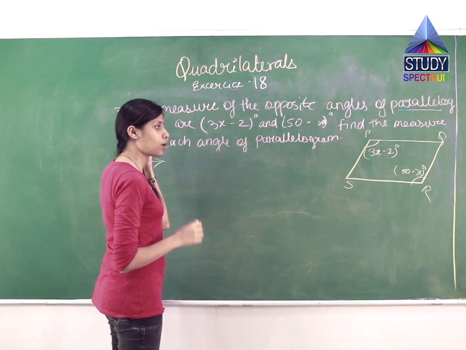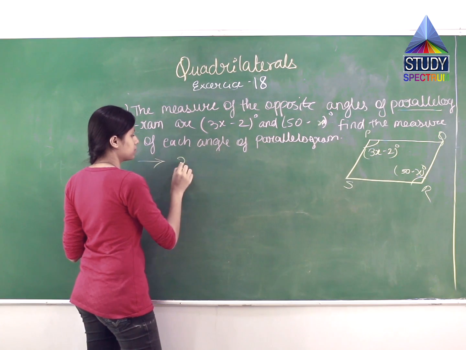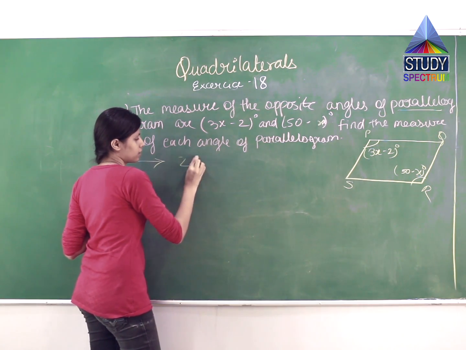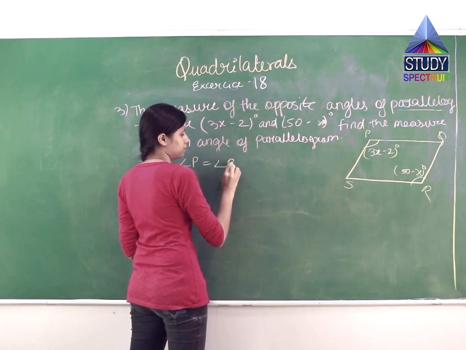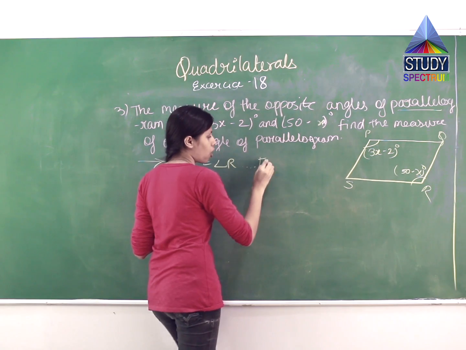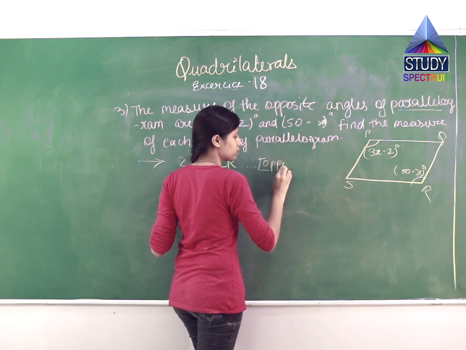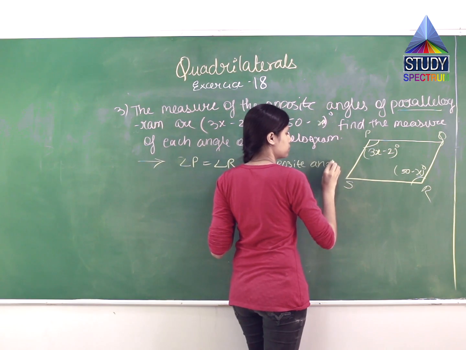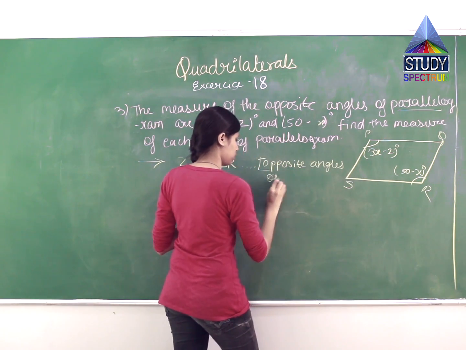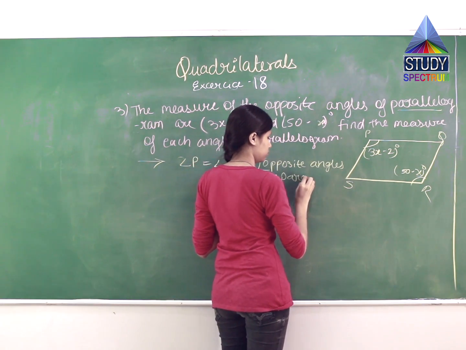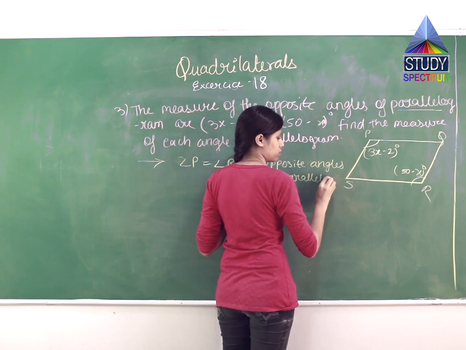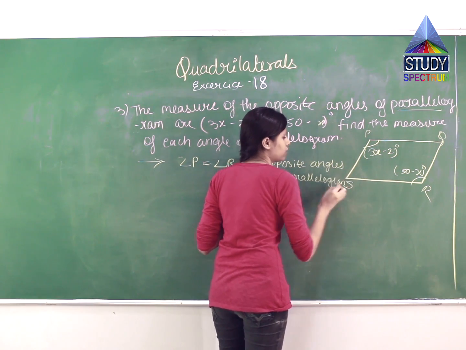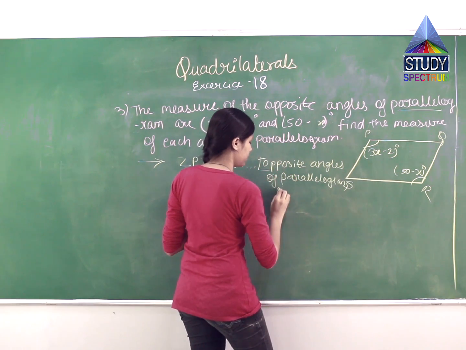So here P is opposite to R. So angle P is equal to angle R. What is the reason? Opposite angles of a parallelogram are equal.